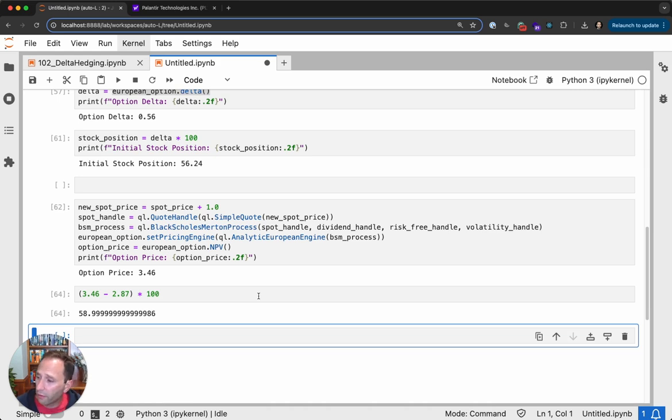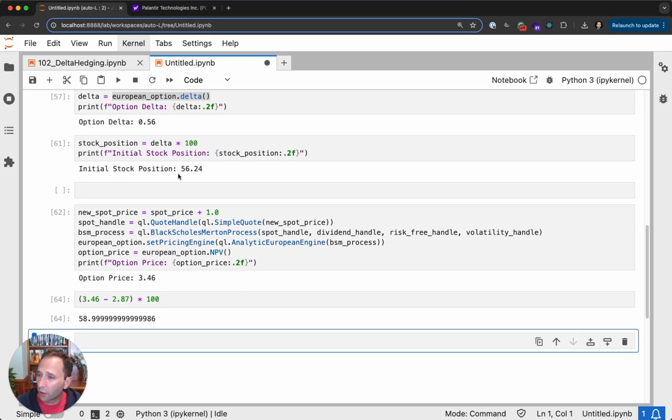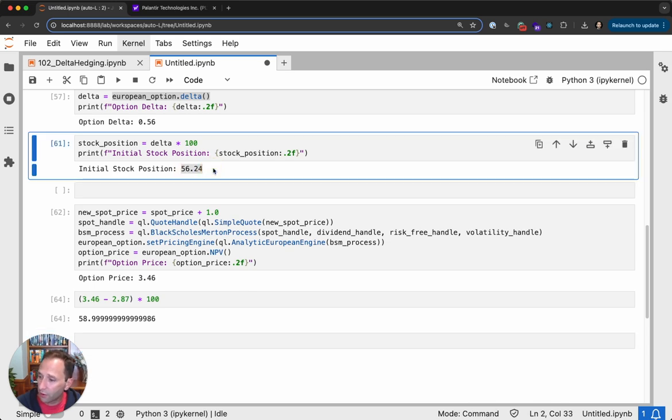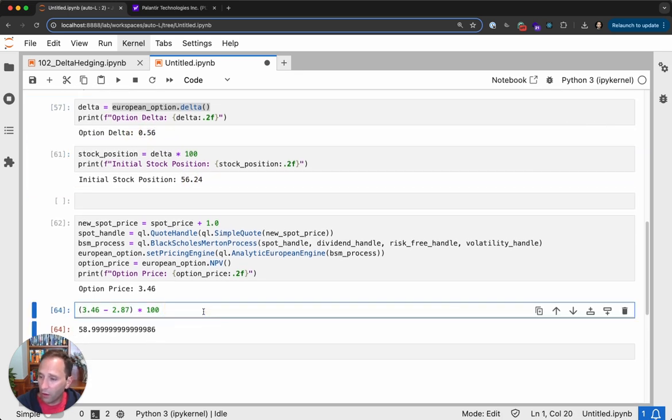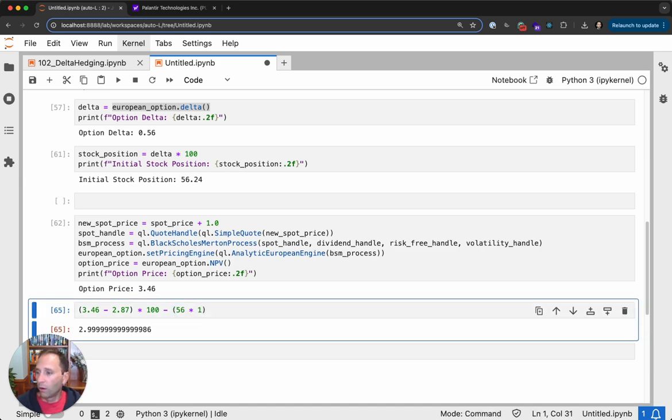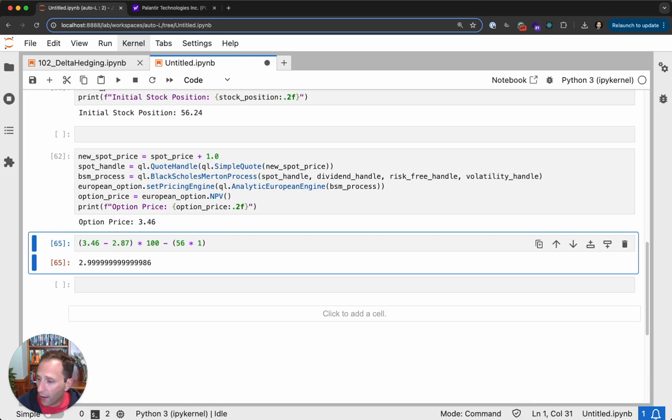So the value of our options position increased by $58. Now, if we were to be short 56 shares, as we said in our original delta, then we would lose 56 shares times $1 per share. We essentially neutralized our gain in the option.